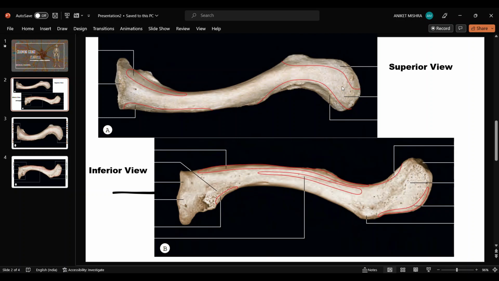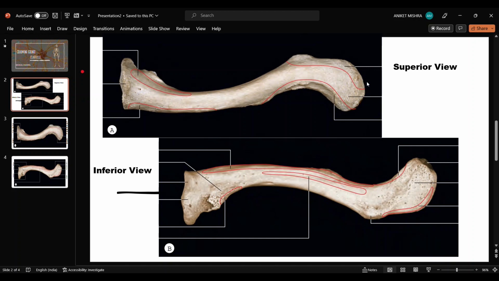While seeing the images, if we get a bone, we have to look at the flat end. The flat end is the lateral end, the acromial end of the bone, which is flattened in structure and articulates with the medial side of the acromion process.